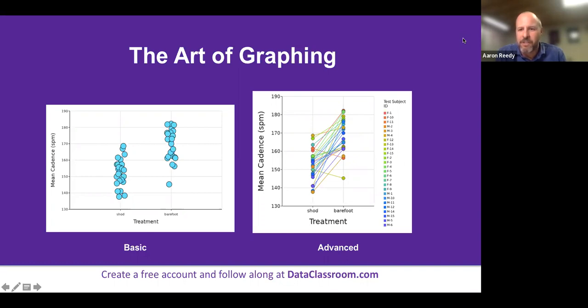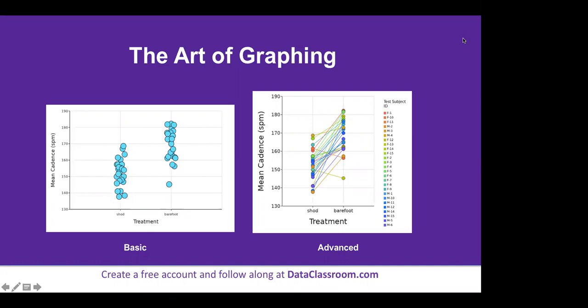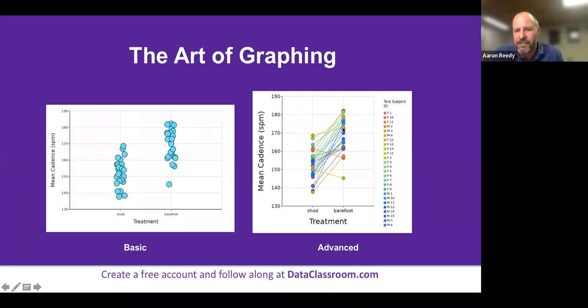And so each pair of dots that are connected are the same runner. And so you can see their test subject ID over there in the legend. And it really shows the impression that there's a lot of variation among these different runners in their running cadence, but you can see that the vast majority of the lines slope up to the right. When they're running barefoot, their running cadence increases.